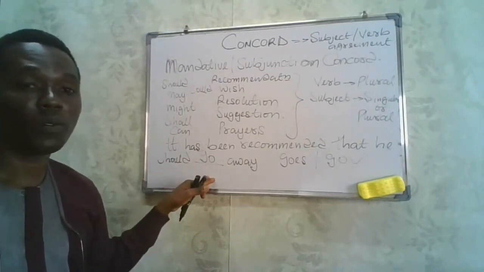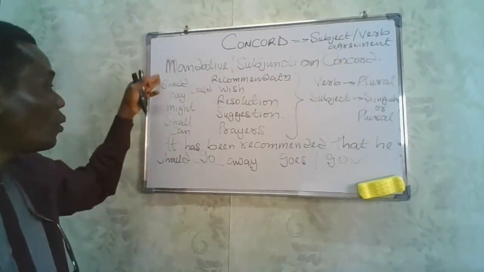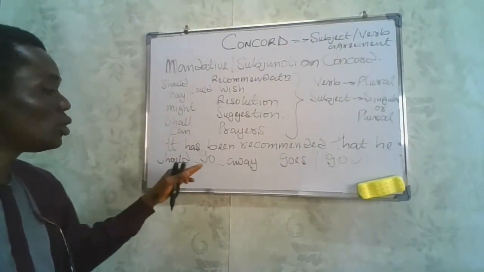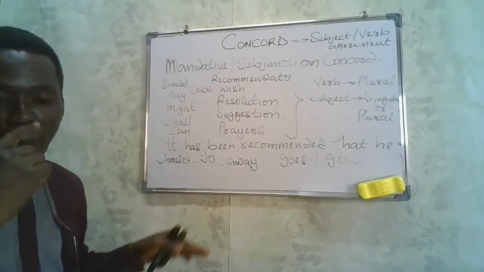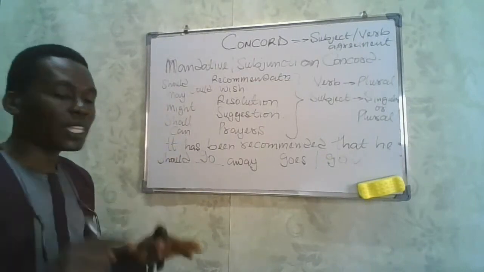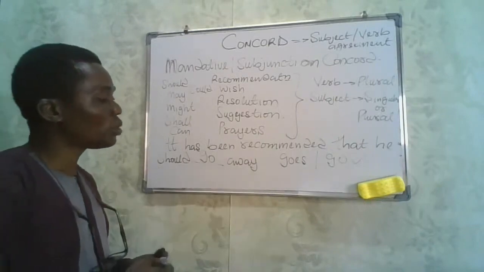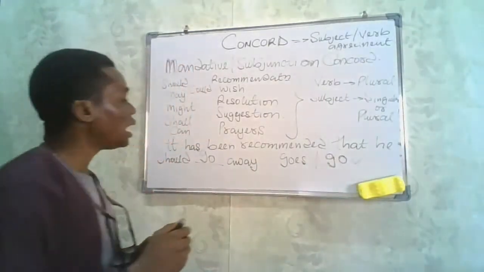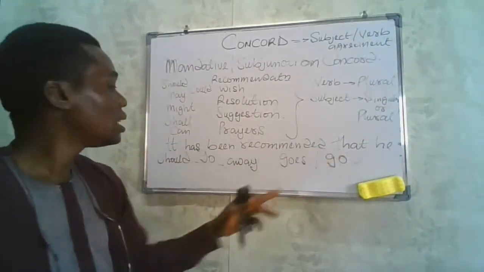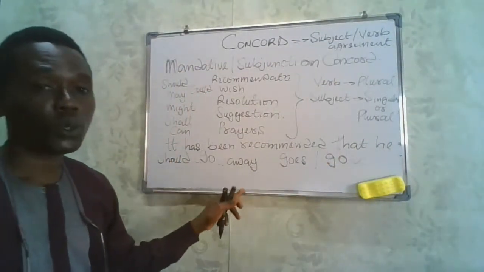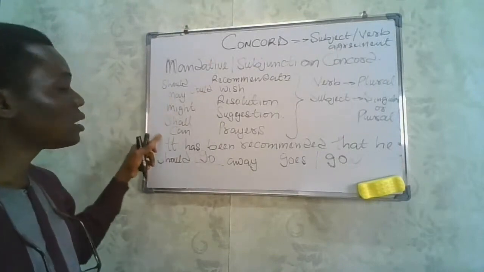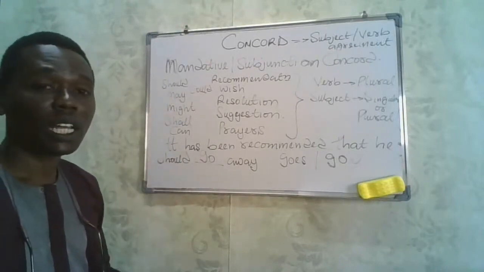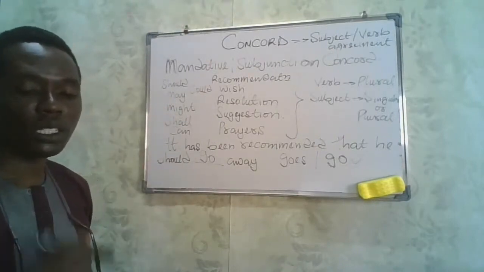Must be plural. The verb that follows all these modal auxiliaries should be plural, so without S, the correct option should be go. So it has been recommended that he should what? Should go. Now remember all this is very important, that you bear those things in mind.